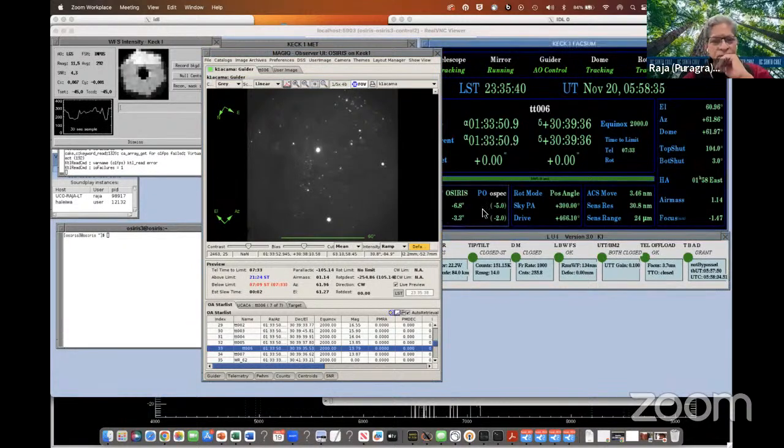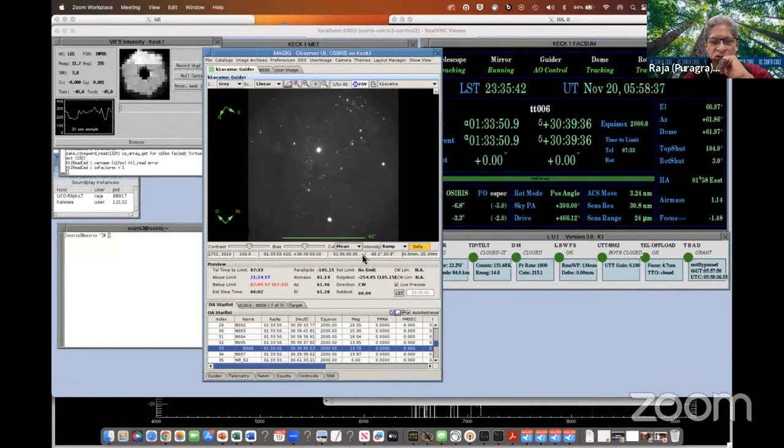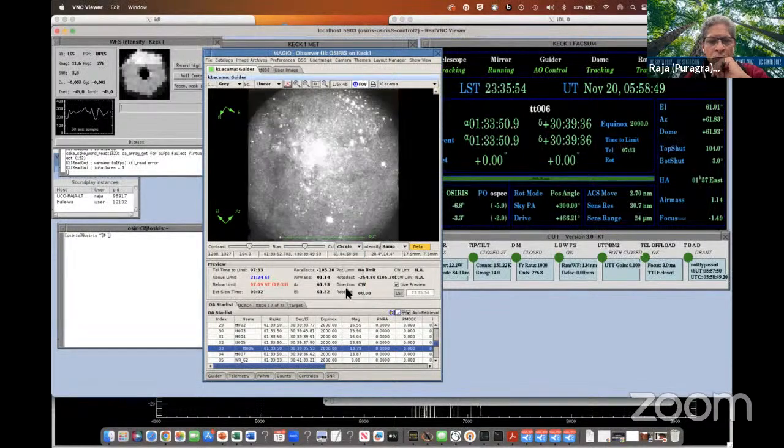So I was changing the contrast on this guider image here. This is the star cluster at the very center. And you can see these dark patches along the left. This is because of interstellar dust in the galaxy.